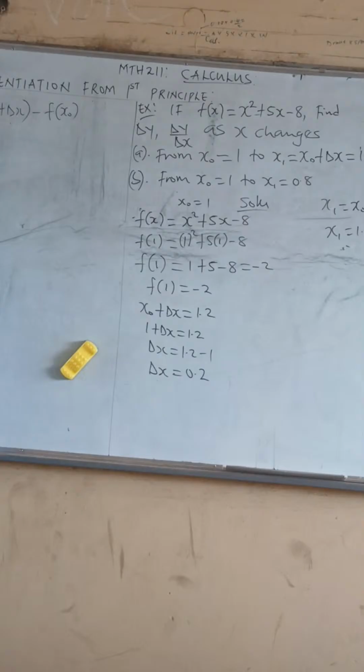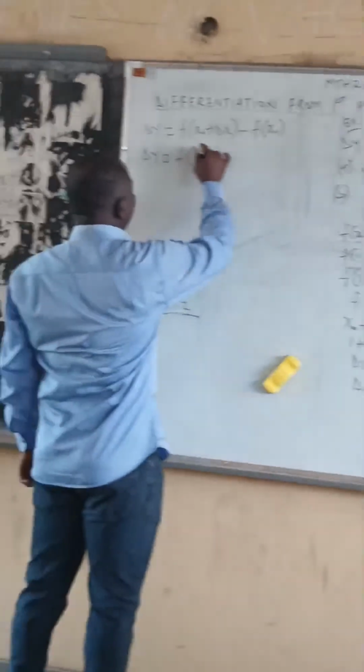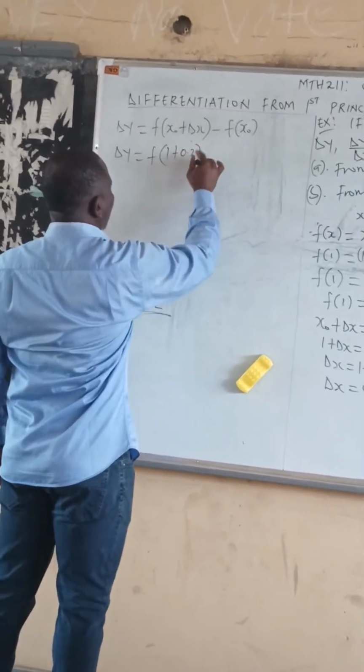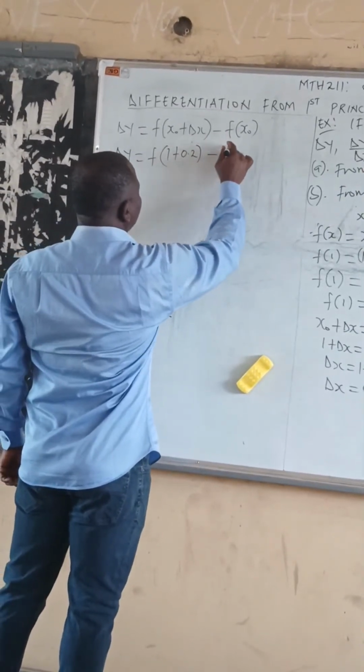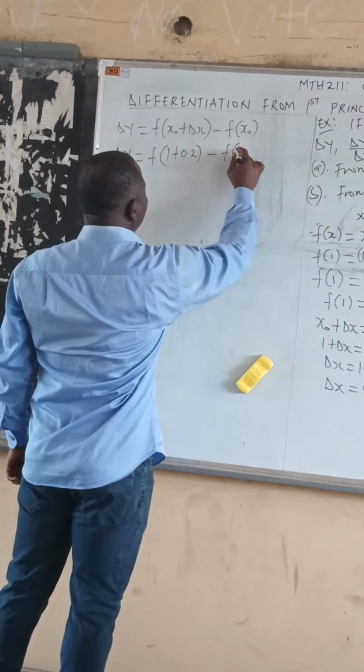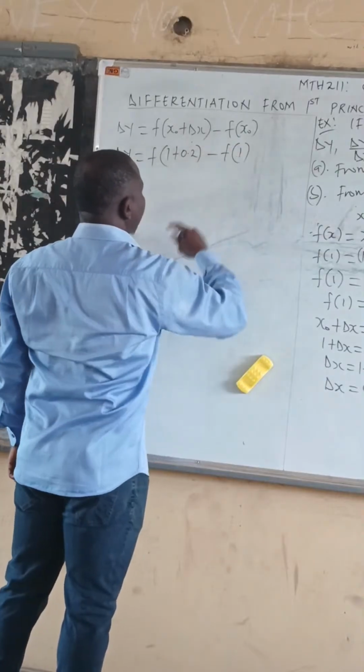Okay, so for us to obtain our dy, let us substitute in. So our dy is equal to f of, what is x naught? 1. What is dx? 0.2. So f of 1 plus 0.2 minus f of x naught, which is 1, right?